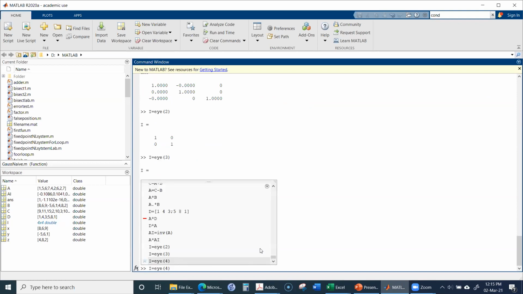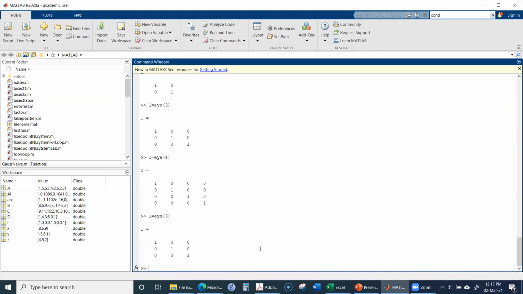So lastly, I save the 3 by 3 identity matrix. This identity matrix is actually useful in some cases.